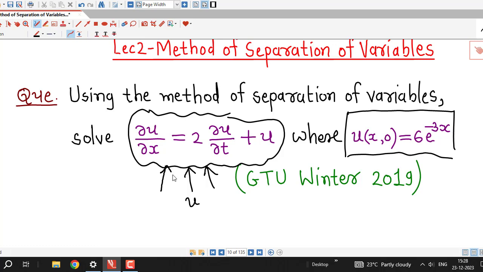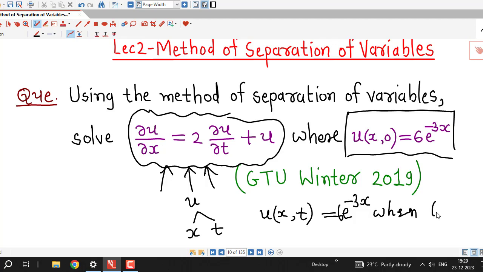We can observe that we are given partial derivatives of function u with respect to x and t, so the required function is a function of two variables x and t, and the condition is given at t equal to 0. At t equal to 0, the value of this function is 6 times e raised to minus 3x.